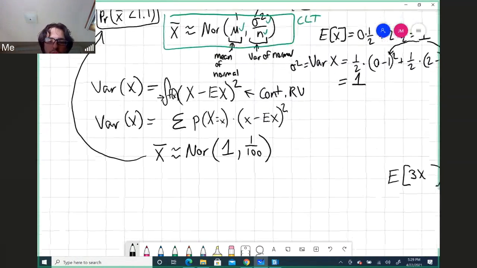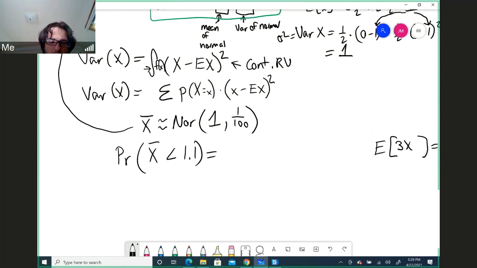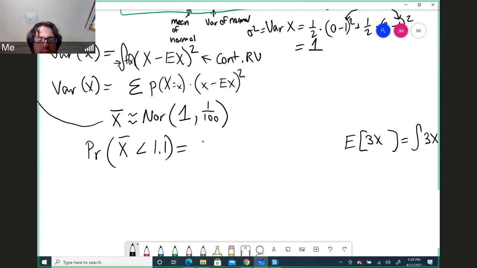So what we can do is we have this probability X bar less than 1.1, and using the z-score approach, we can add things to the inside of this inequality.